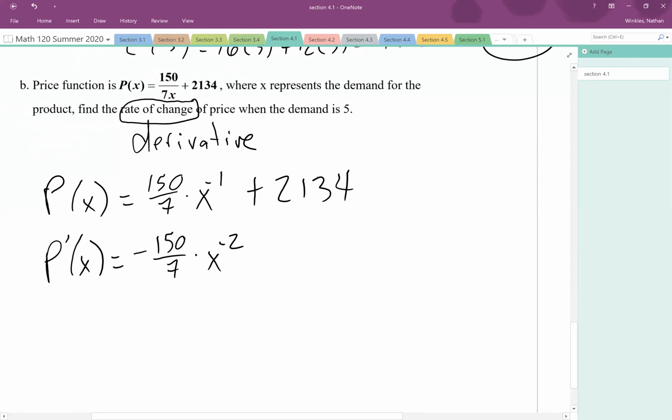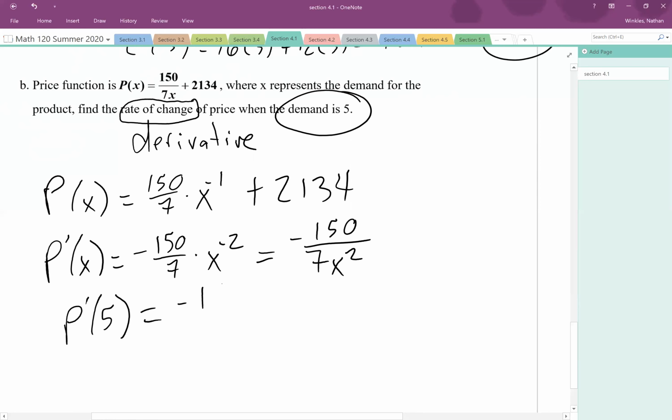Derivative of 2134 is 0. So we should get negative 150 over 7x squared. Well, now the demand is 5, so we need P prime of 5, which is equal to negative 150 over 7 times 5 squared.